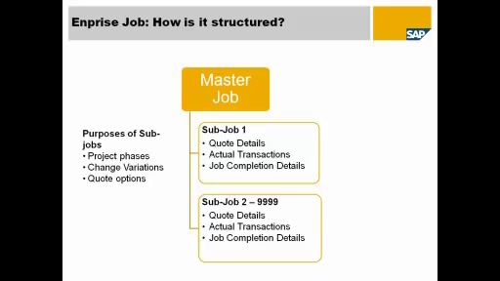You may have quoted and agreed on some work and you'll be capturing that, but then a change variation comes along. Creating that as another sub-job is a really simple way to keep track of those costs. It's not to say that you can't invoice all of that together at the end of the month. It's just that you are able to individually track it.